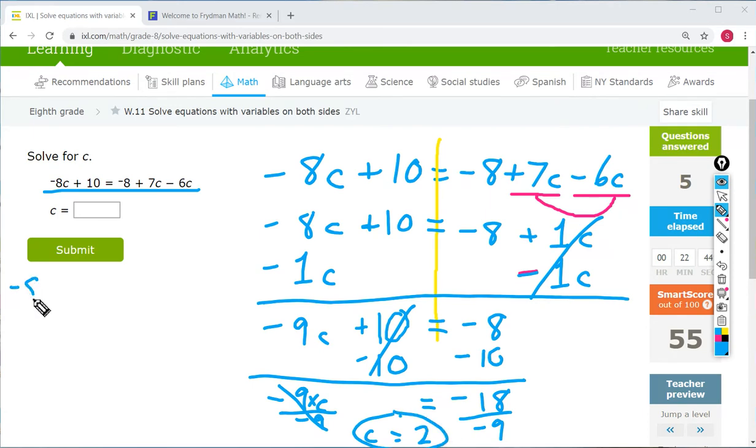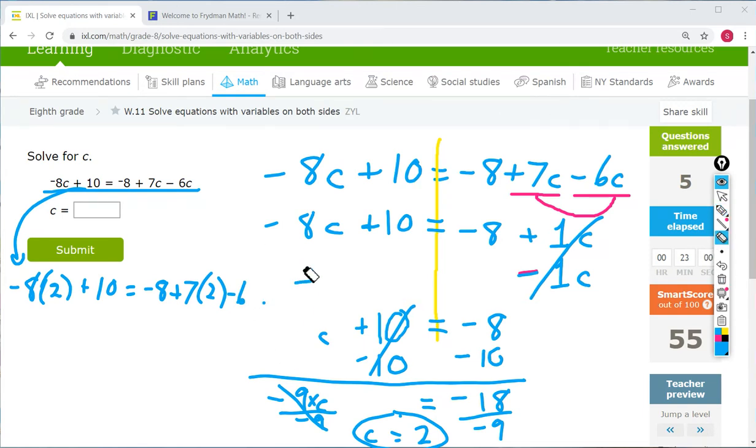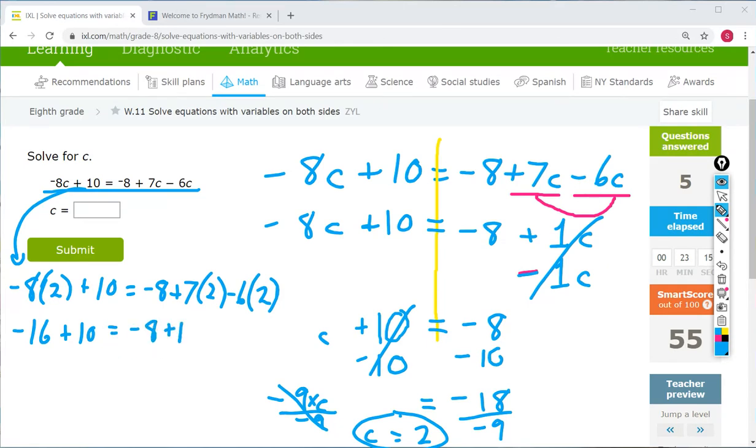So that would be -8 times 2 plus 10 equals -8 plus 7 times 2 minus 6 times 2. So that's going to give me -16 plus 10 equals -8 plus 14 minus 12.